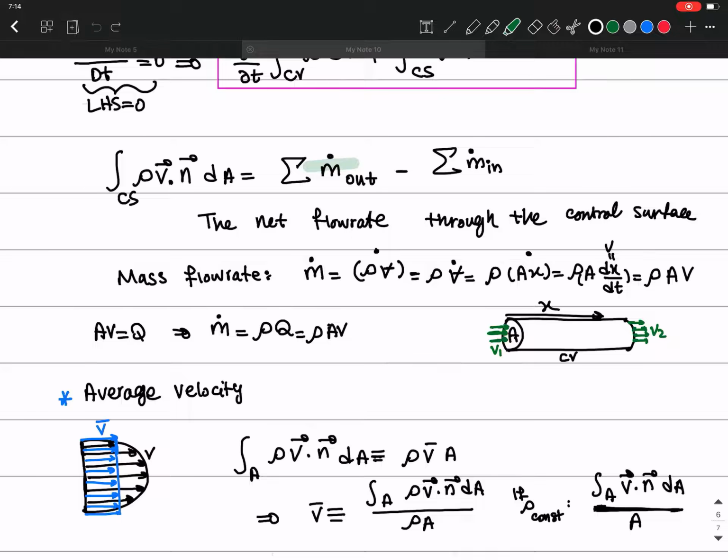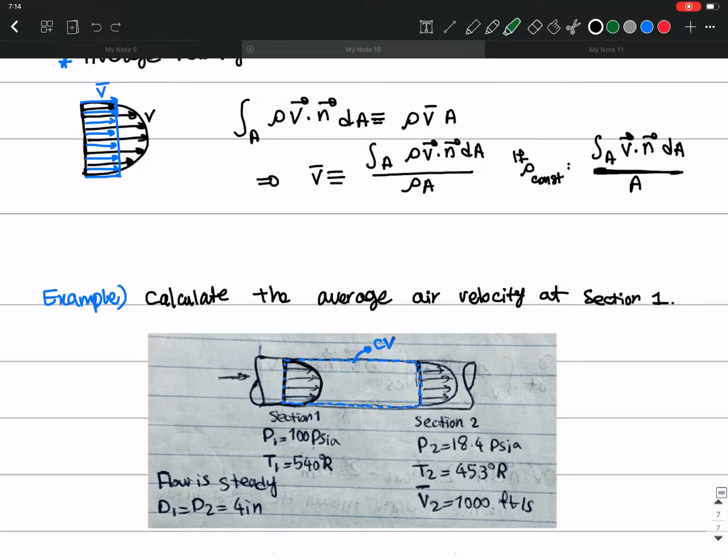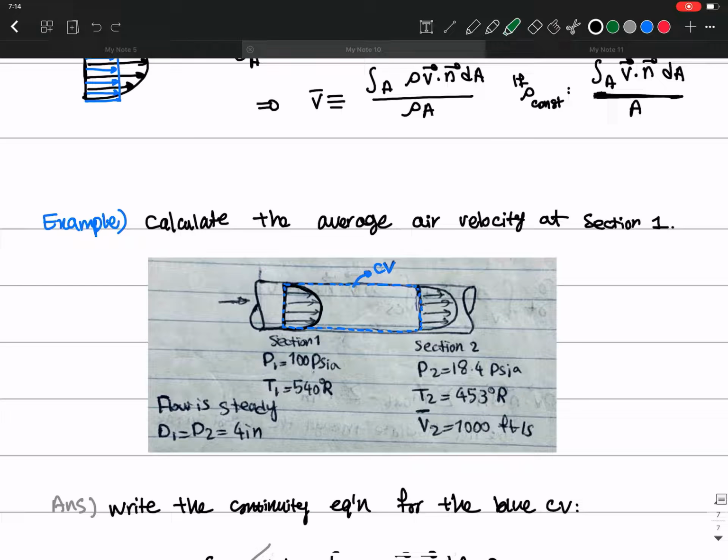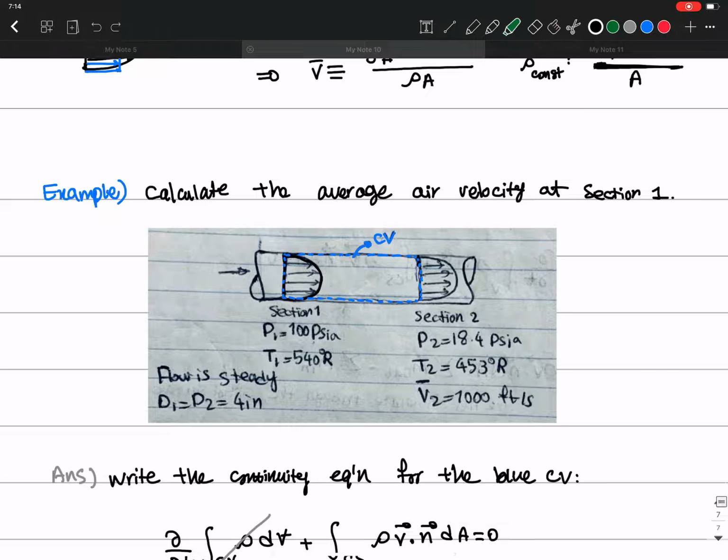And then to illustrate this further, I solved one example where we have this kind of pipe flow with air. So we have air here, and the air is flowing through this pipe. And the information about section 1, some information about the pressure and temperature, is given.